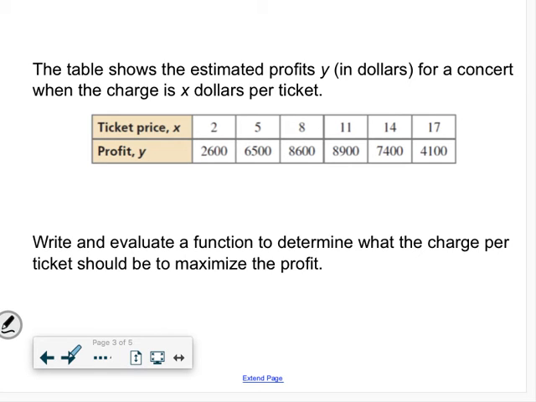I'd write this down in my notebook, and I'd put that table in there for sure. It says, write and evaluate a function to determine what the charge per ticket should be to maximize the profit.